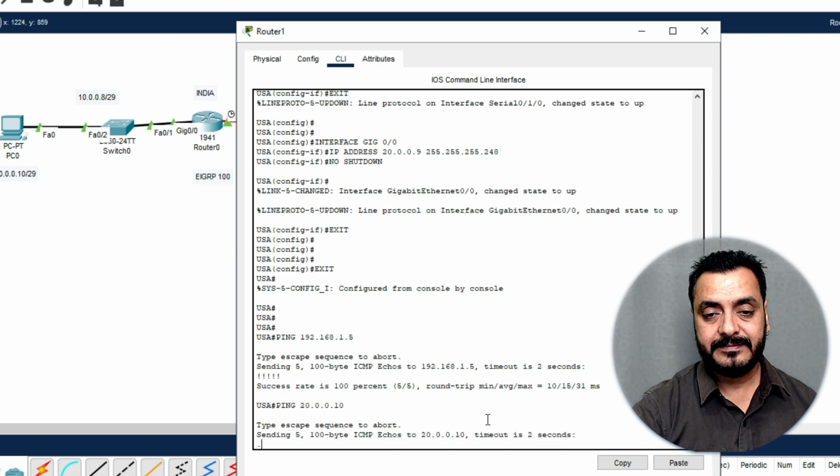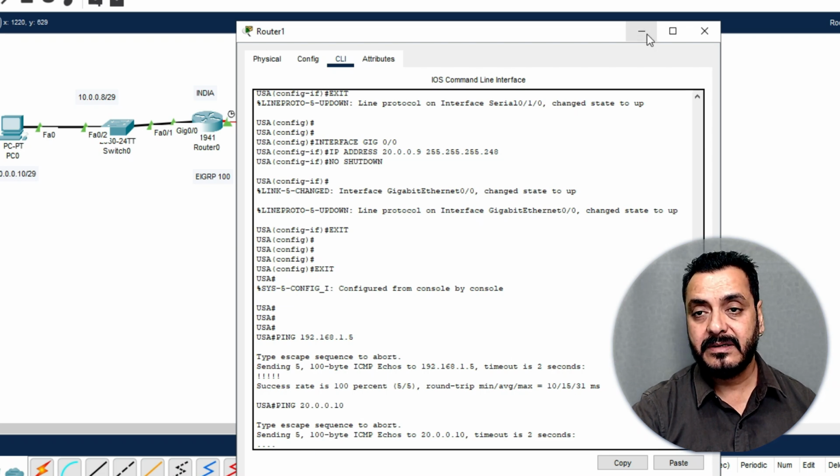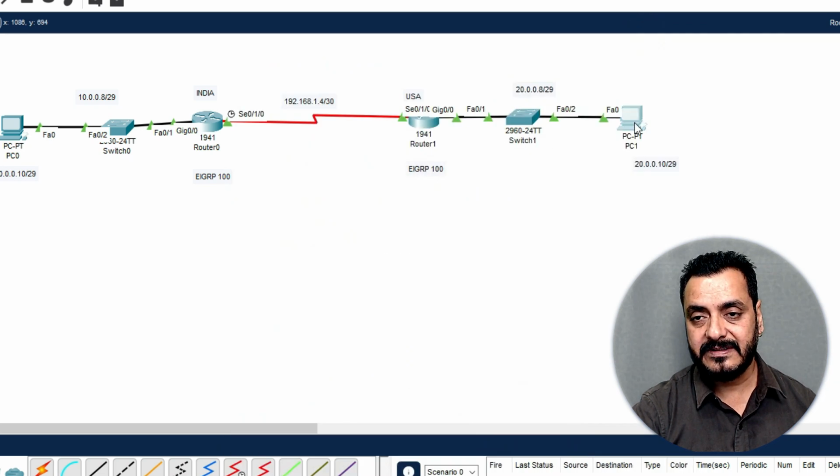Okay, it is not coming because we have not yet configured the IP address onto the device.